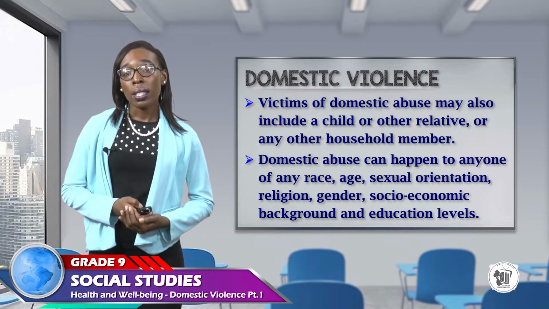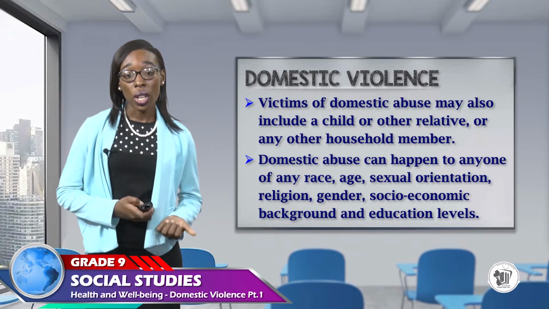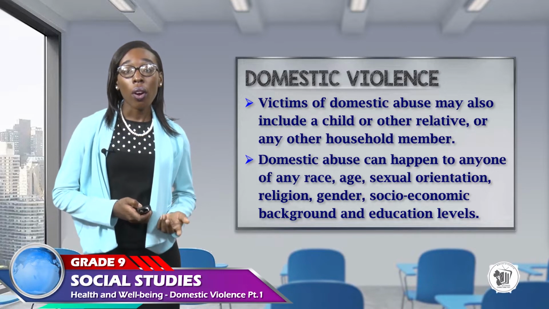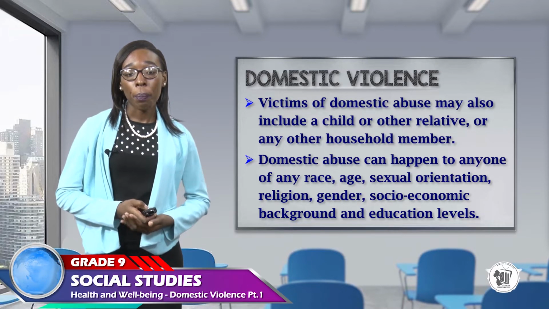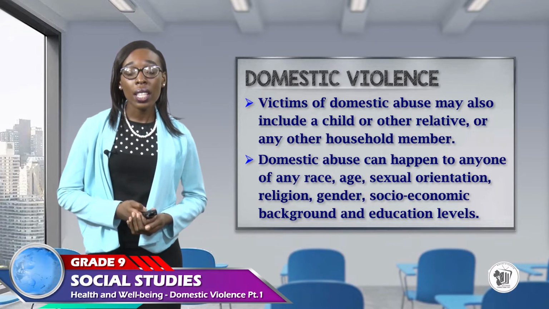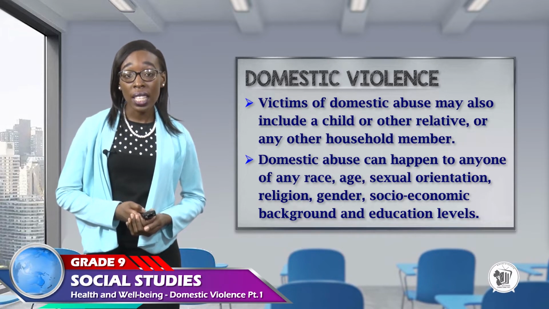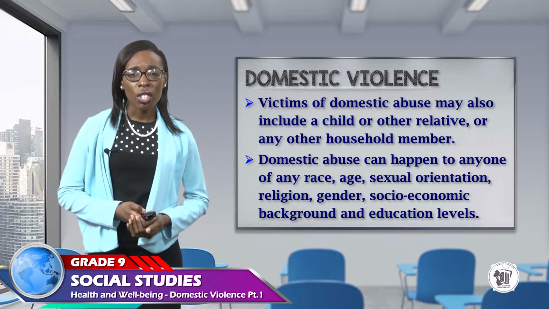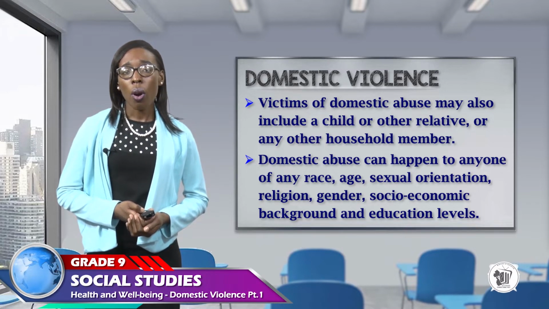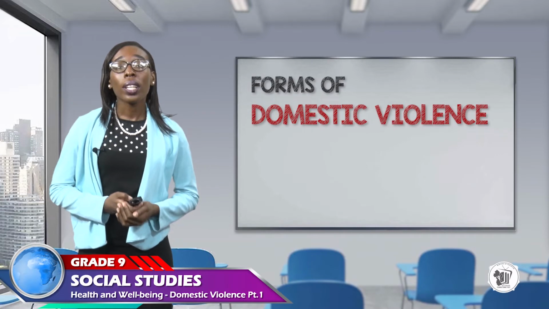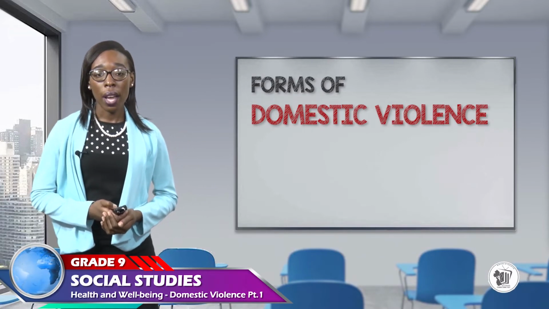Victims of domestic abuse can include a child, other relatives, or any other household member. Domestic violence can happen to anyone of any faith, age, sexual orientation, religion, gender, of all socio-economic backgrounds and educational levels. Now let's look at forms of domestic violence.